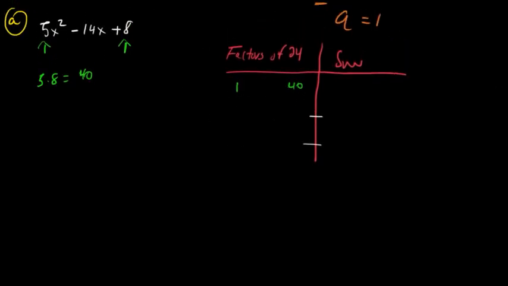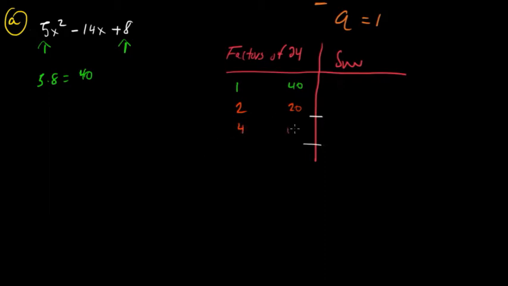We have 2 and 20. 3 in anything? No, because 40 is not divisible by 3. Do we have 4 in anything? Yes, we do. We have 4 and 10.